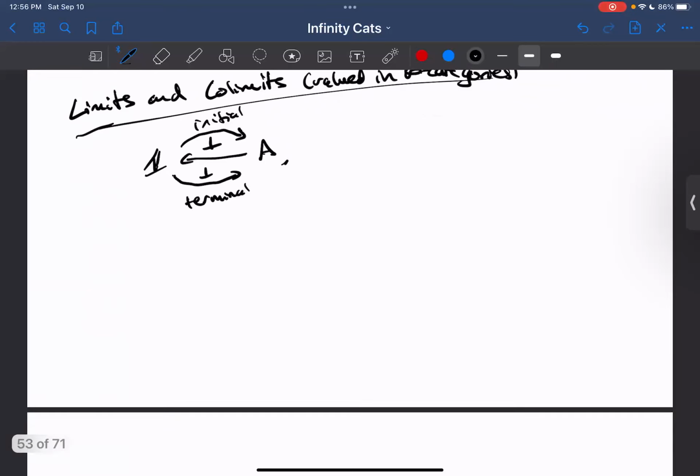So recall that we're going to define limits of diagrams.